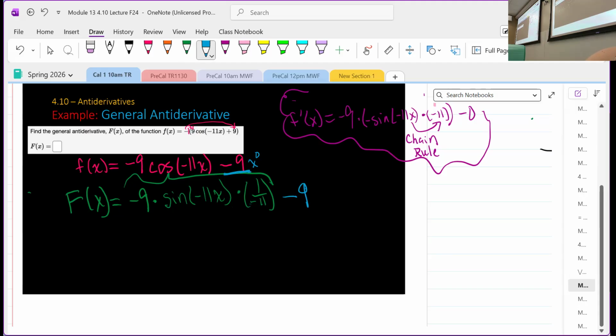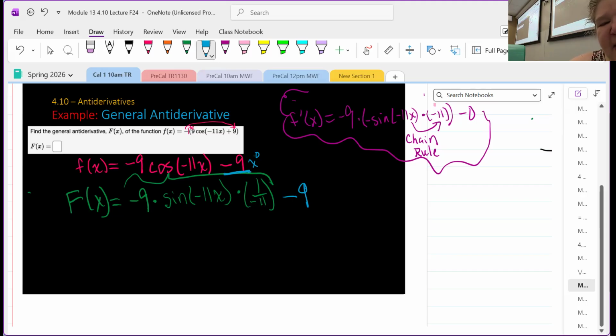So I need the 1 over negative 11 to cancel that eventual negative 11 that I'd multiply by. So it'll get back to just negative 9 cosine negative 11x. So let's finish the antiderivative and then we'll do the derivative so you can see it doing the cancellation the way it needs to.